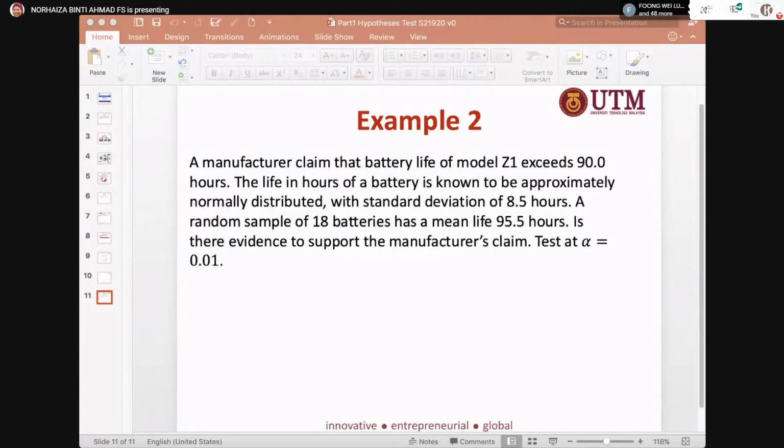You can also do hypothesis test questions for single variance and single proportion, that is, population variance and single population proportion.